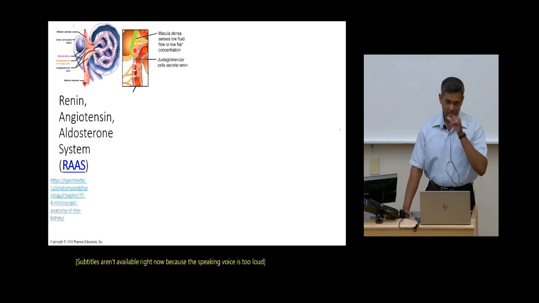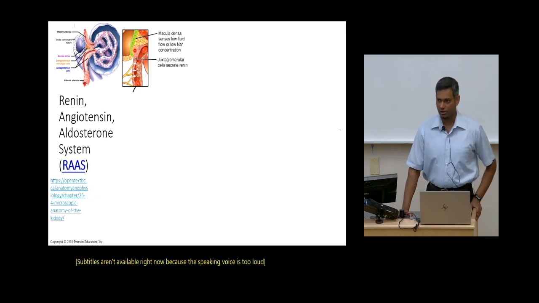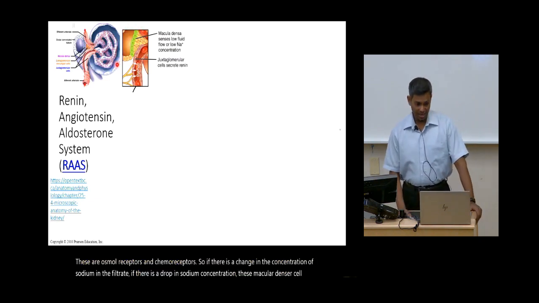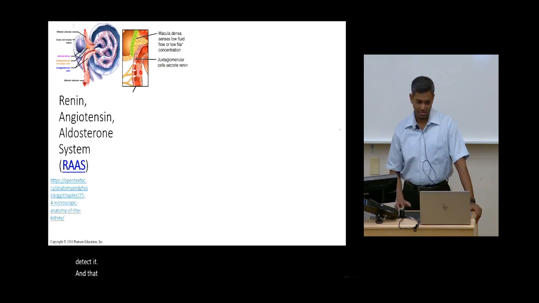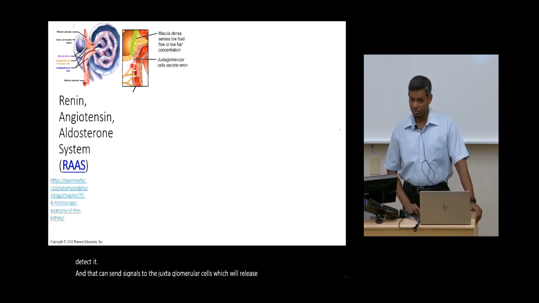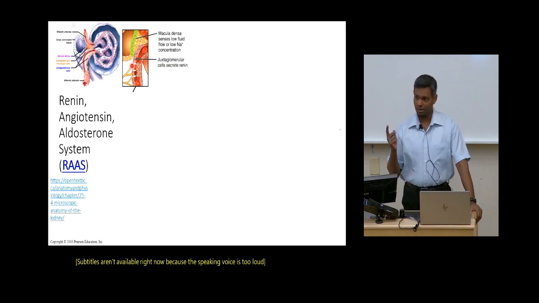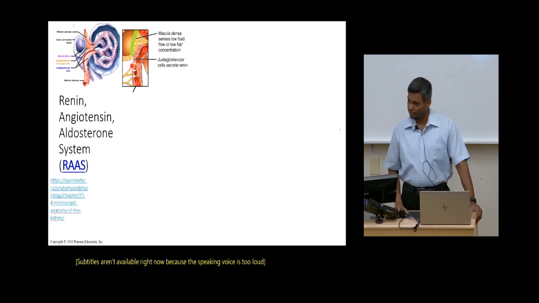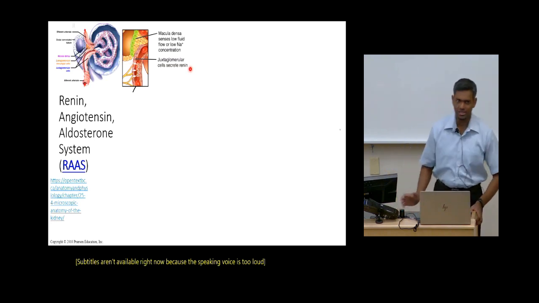So if there is a change in the concentration of sodium in the filtrate, if there is a drop in sodium concentration, these macula densa cells can detect it, and that can send signals to the juxtaglomerular cells, which will release renin. So we see that whether there's a drop in blood pressure or a change in the concentration of the filtrate, that can lead to renin production. So let's see what renin does.